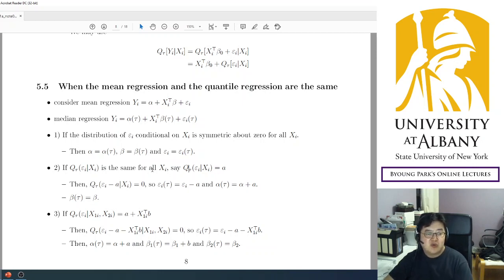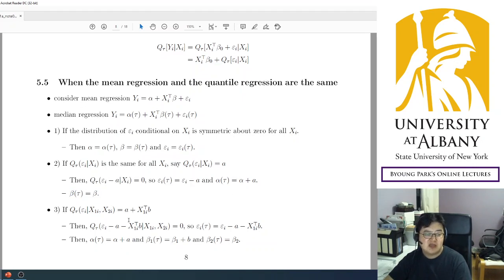As long as the quantile of epsilon, the distribution of this error term, does not change as x changes, you may transform this regression into a median regression or a quantile regression by readjusting the 0 point. The 0 point is adjusted by a, and then you may construct the quantile regression error term this way. The intercept may be different, but the slope is the same.